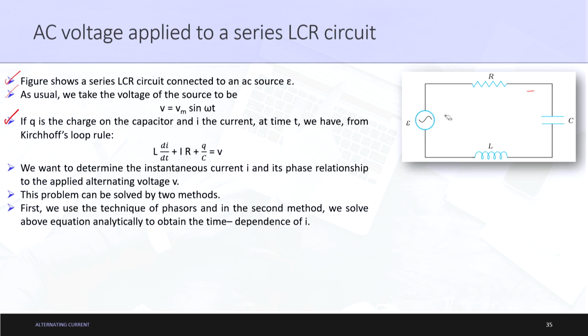So, doing that summation, we get L di by dt, that is due to the inductor, plus IR due to the resistor, plus Q by C is equal to the voltage produced by the AC source, correct. So, now let us solve this equation and get our results. Okay. We want to determine the instantaneous current I and its phase relationship to the applied alternating voltage V.